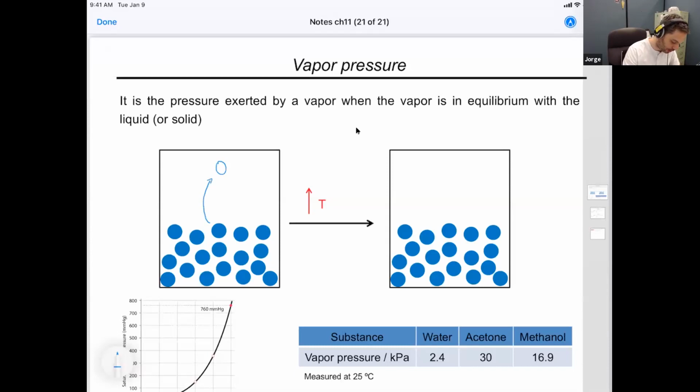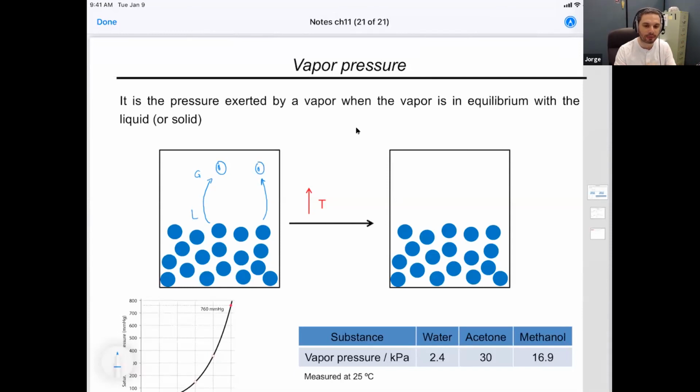So we are moving here from liquid to gas. And another molecule is also capable of moving from liquid to gas. This is called evaporation, and it happens all the time.